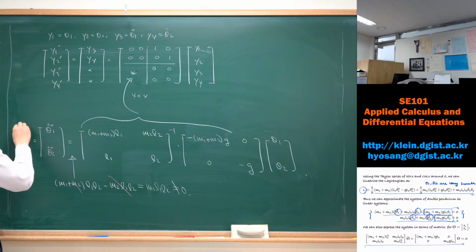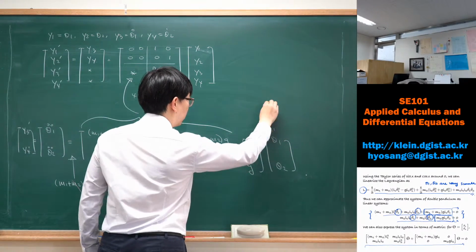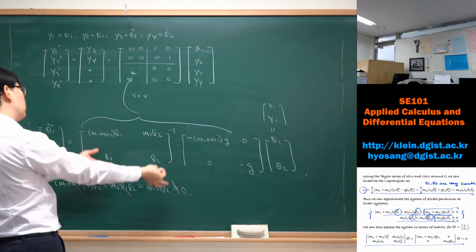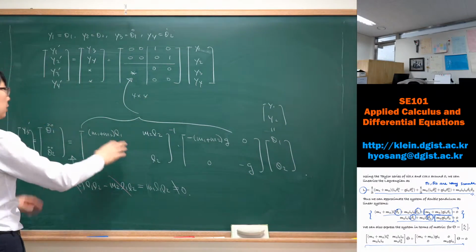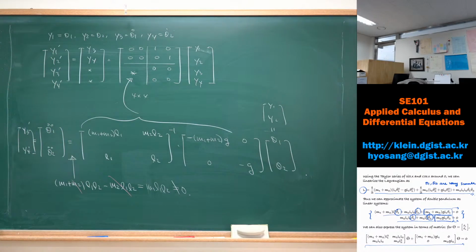So again, this is y3 prime and y4 prime, and this part is y1 and y2. So I'm putting this part into the big equation here.